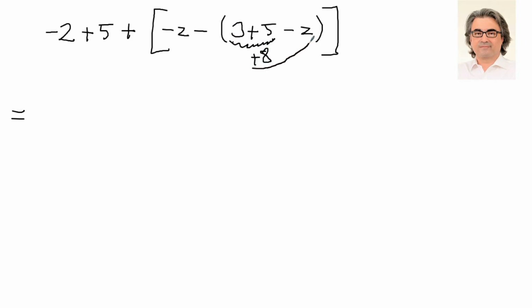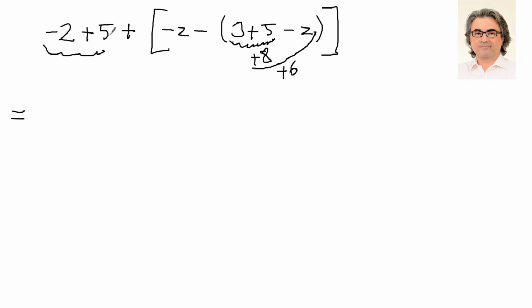Plus 8 and minus 2. Opposite signs, so difference between them is 6. And the sign of 6 is the sign of plus 8. Now in this parenthesis I have plus 6. Now let's start from the left side to find the result of all these operations.